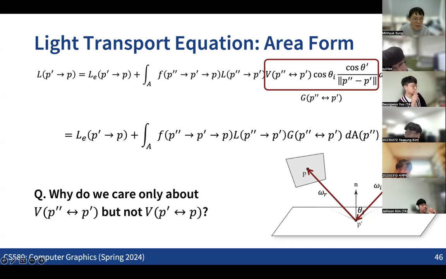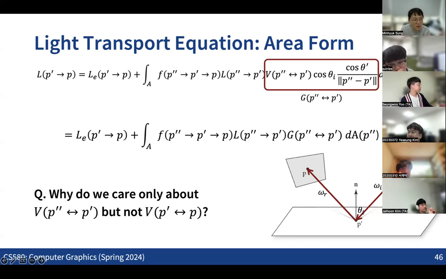Which means that in this kind of ray tracing computation, P prime was basically the first intersection point from P along this direction. That is the reason why we are calculating reflection at P prime. If P prime was not visible from P, then we don't need to compute the reflection at P prime.